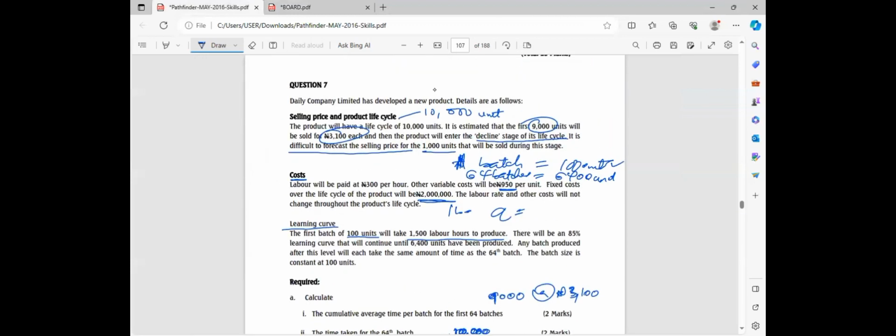Let's check through the question. 950 naira per unit. It's not only one cost that is variable cost. We also have labor.